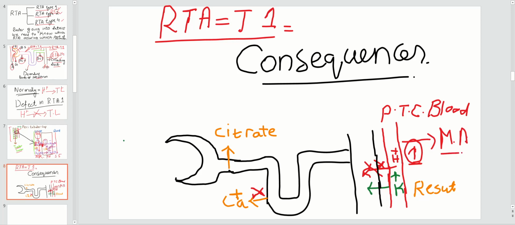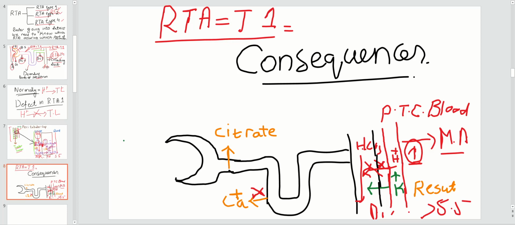You have metabolic acidosis. And when you have a lot of bicarbonate over here, which I told you in the previous slide, you will have alkaline urine, right? That is pH greater than 5.5. So metabolic acidosis, alkaline urine.